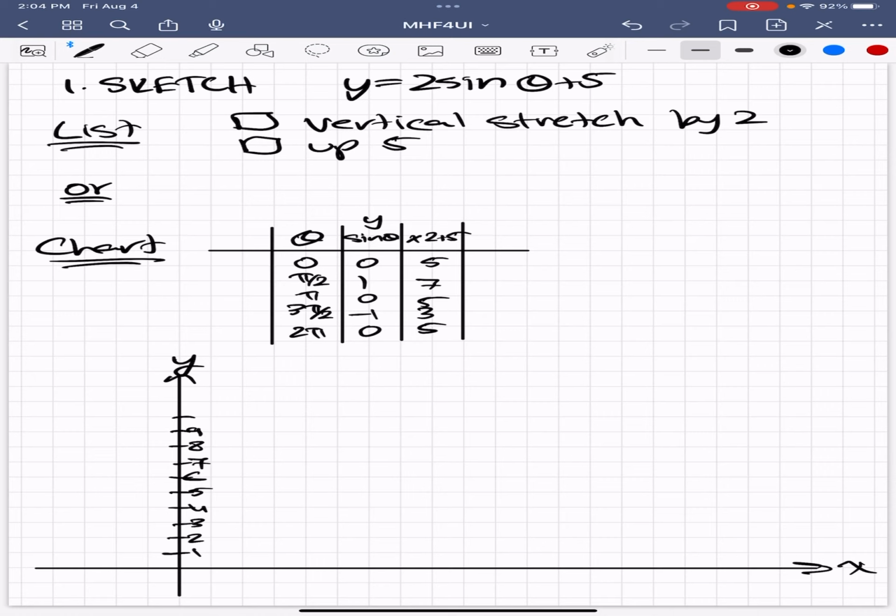It's very important in graphing. I know it looks a little wonky, but it's just because of the x-axis and how I spaced out the radians.